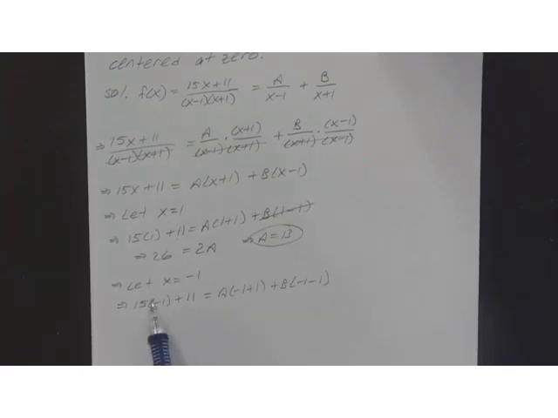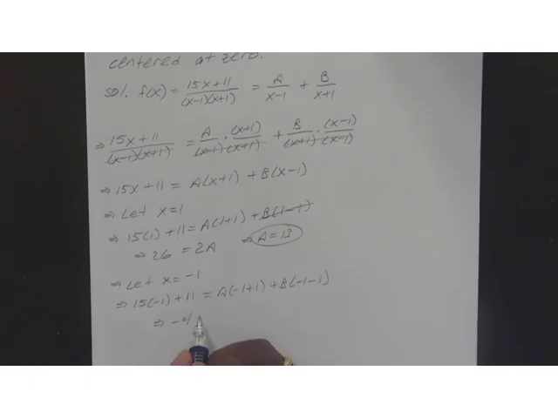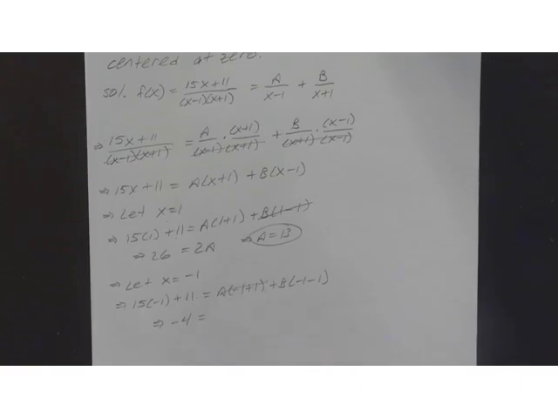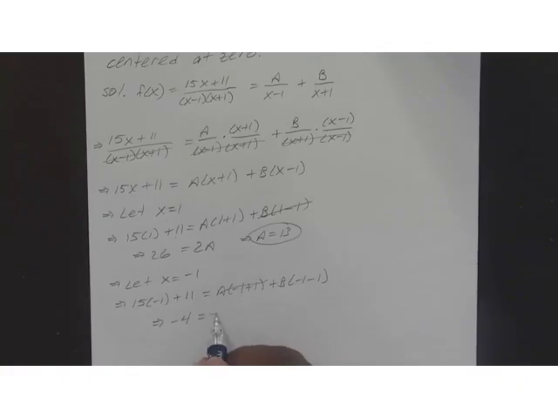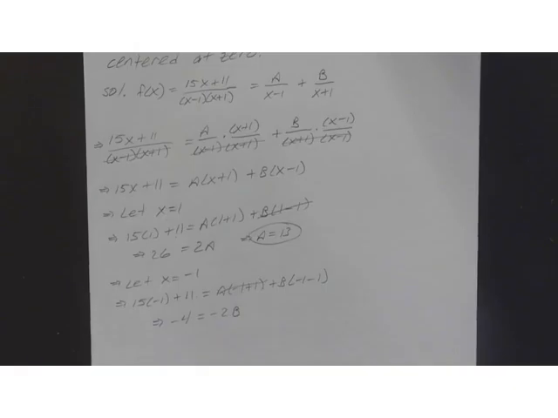So negative 15 plus 11 is negative 4. It's equal to negative 1 plus 1 is 0, so that disappears. Negative 1 minus 1 is negative 2, so negative 2b. Divide both sides by negative 2. We know that b is equal to 2.